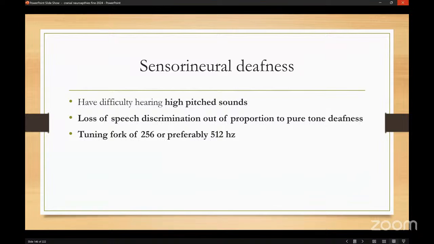Sensory neural hearing loss is usually for high pitched or high frequency sounds, with loss of speech discrimination. These are the features of sensory neural hearing loss: loss of hearing of high pitched sounds and loss of speech discrimination out of proportion to pure tone deafness. Now, how to test the cochlear division?